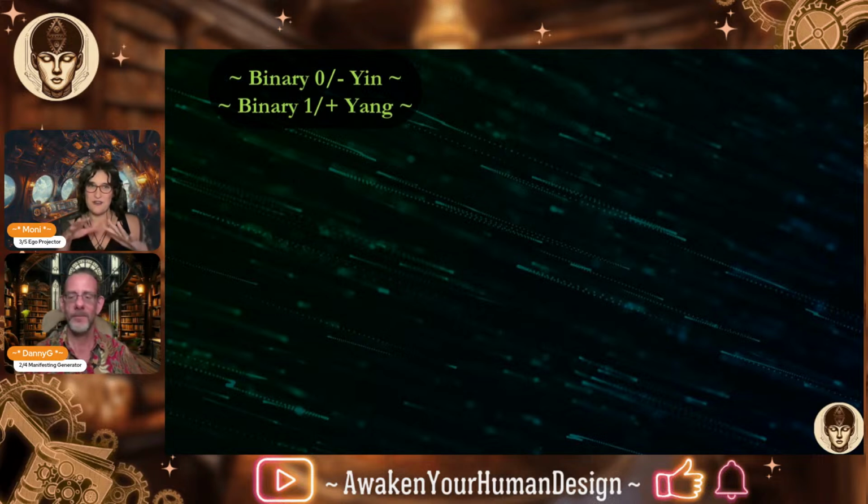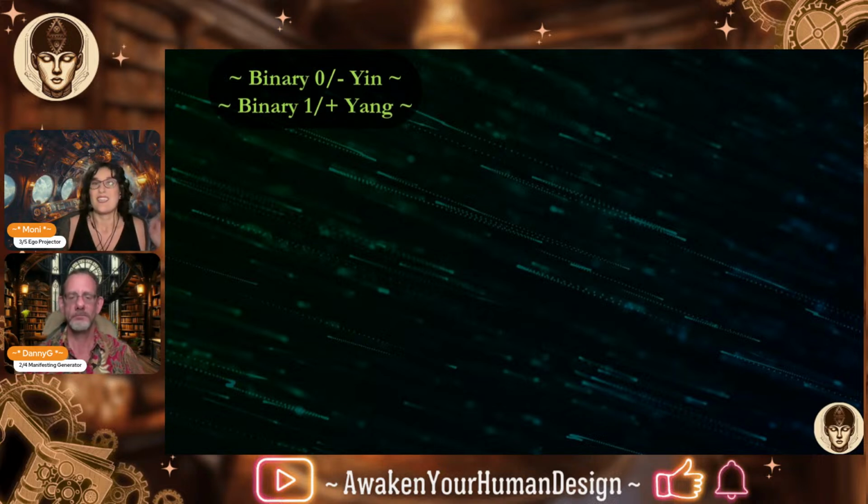So now we're going to expand this out and start getting into the genetic DNA and binary code aspect that human design represents. If you're looking at the binary code, yin is represented with the 0, and with the minus sign in the electromagnetic view, because the yin is magnetic and it's receiving.